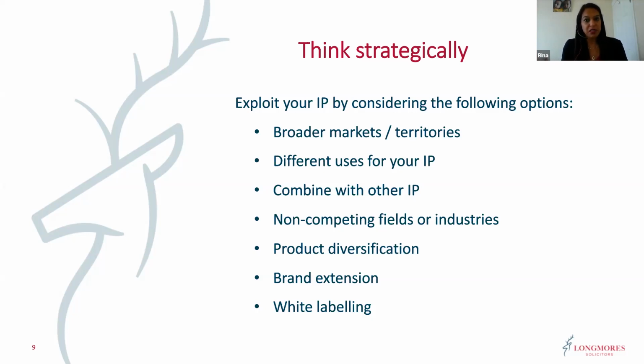Another form of licensing is franchising, which is worth mentioning. Basically, it's a form of licensing, but together with a system of how to sell. So it involves an established brand proposition and a license of the trademarks, the know-how, and the copyright in any manuals.